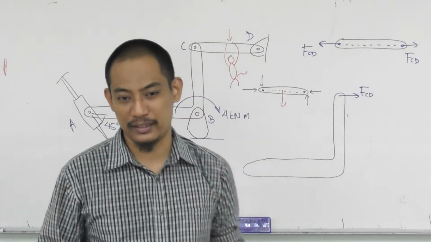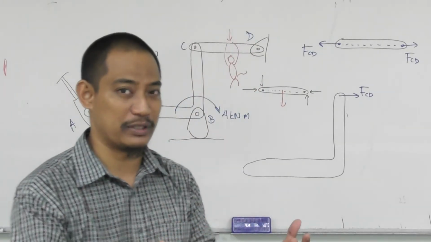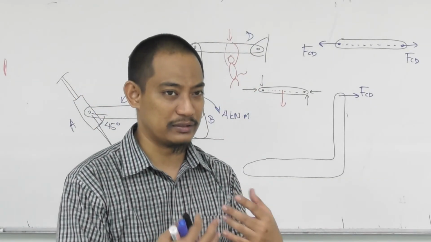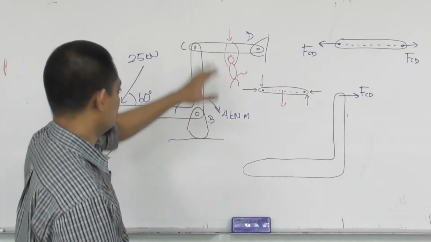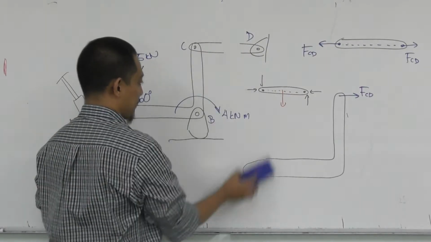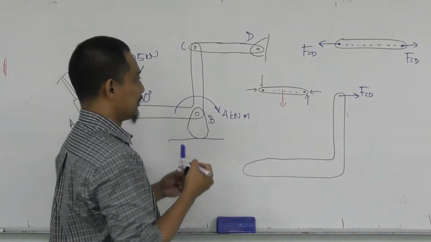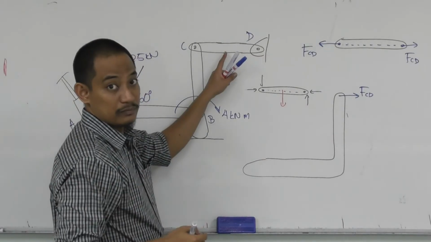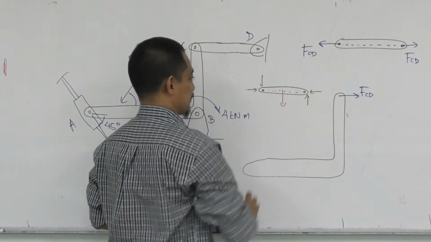So make sure you understand why a 2 force member is special, and you have to be able to identify it. No one in the exam question will say this is a 2 force member. You just look at the original question, and by looking at it, I can see that okay, this member has force at only 2 points, so it's a 2 force member, and hence it becomes like this.